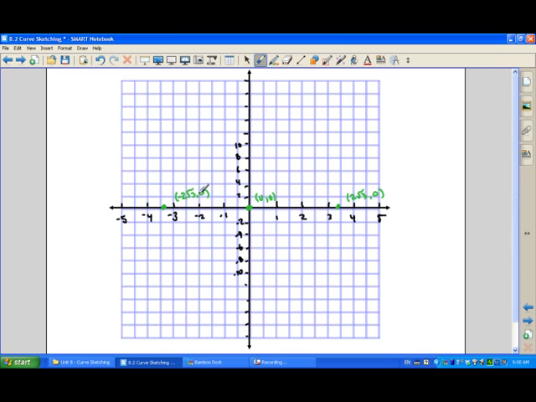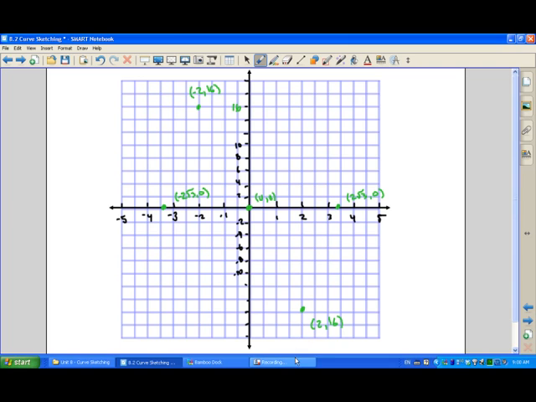Also a maximum at negative 2 and 16, and a minimum at positive 2 and 16.